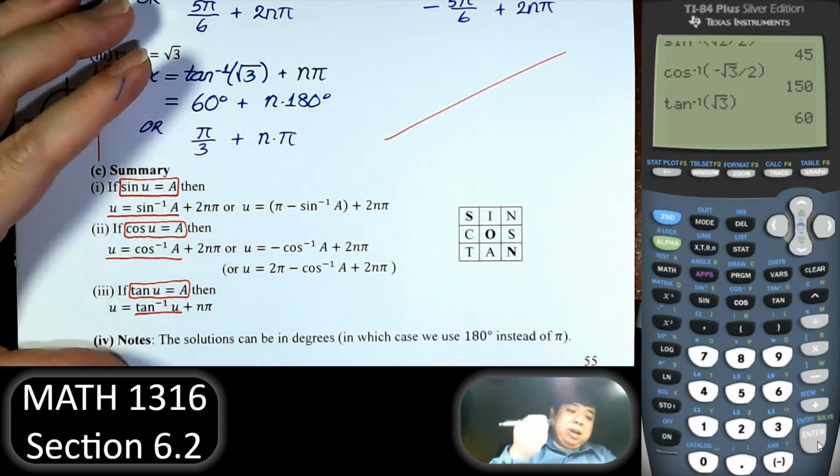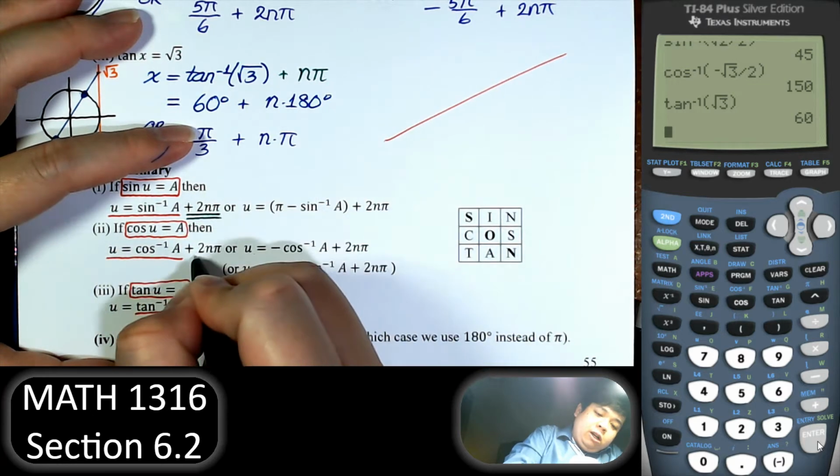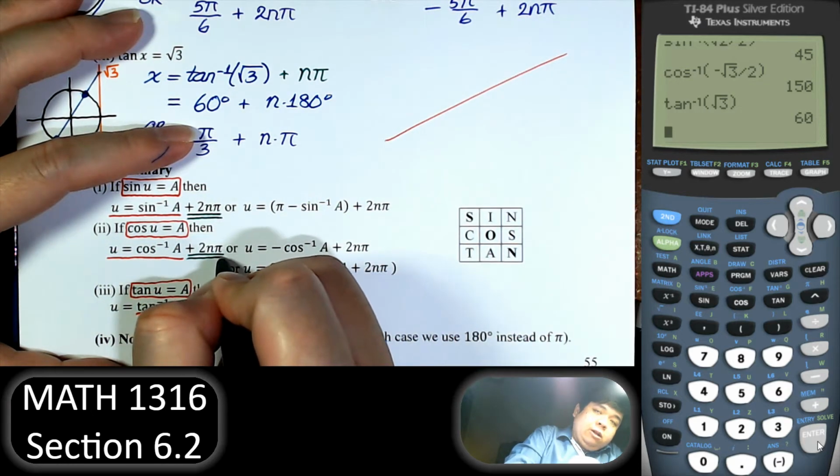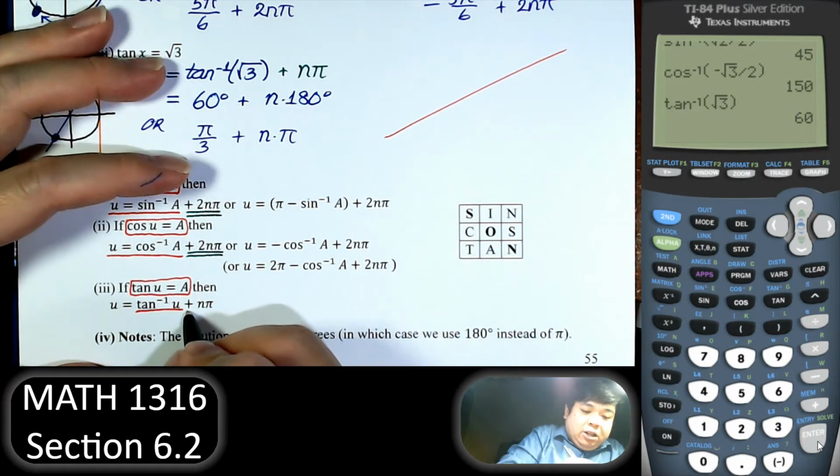Now, the period for sine and cosine is 2 pi, and for tangent, the period is just pi.